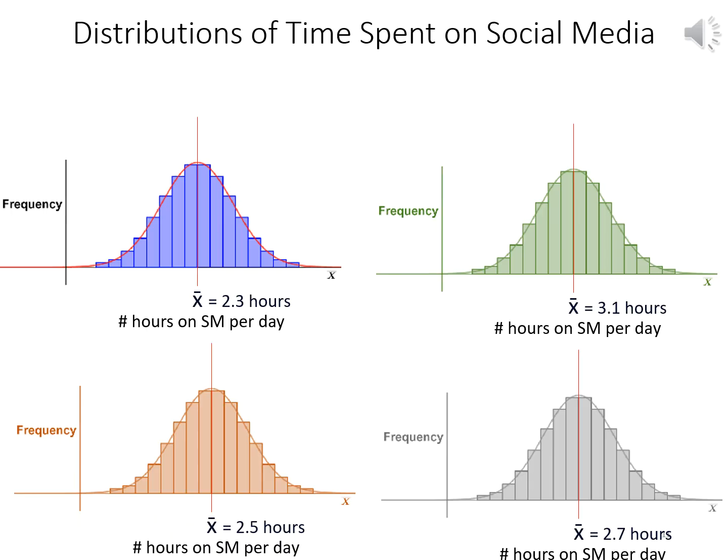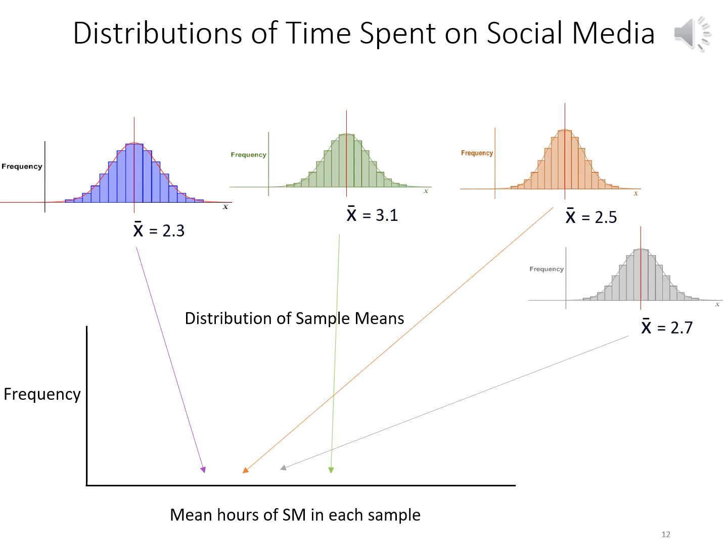But something interesting happens if we keep on taking samples out of this population, more and more samples. We're getting different averages of hours of social media per day from these different samples. So here's this metacognitive leap we have to take together. What if we took the sample means, meaning the average hours that people in each sample spent on social media, and we plotted those on a distribution, a frequency distribution chart?